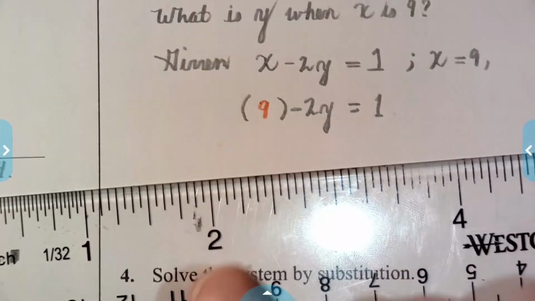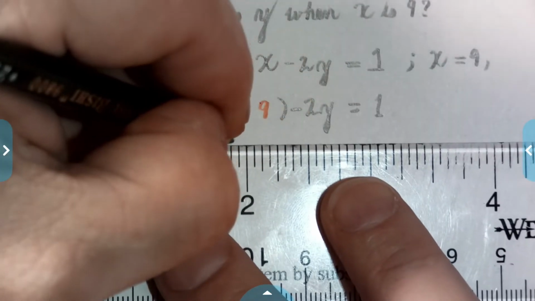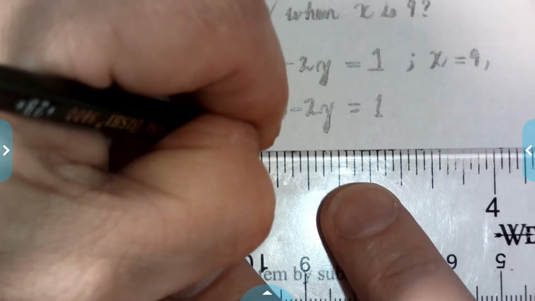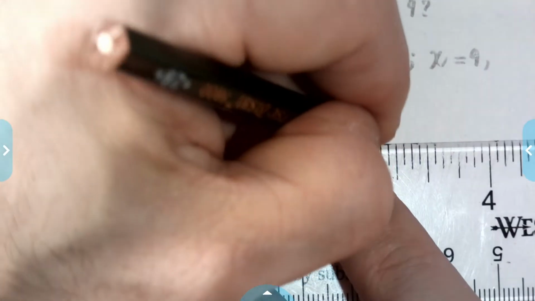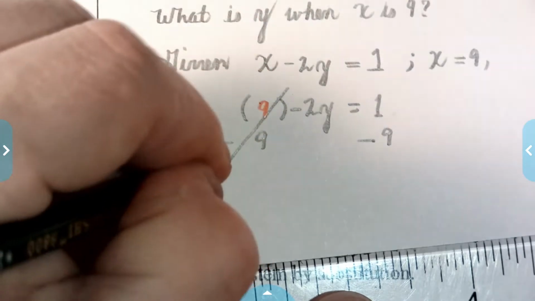Now I'm going to solve for y and find out what is y when x is 9. So the first thing I'm going to do is subtract 9 from both sides. And that cancels out these 9s.